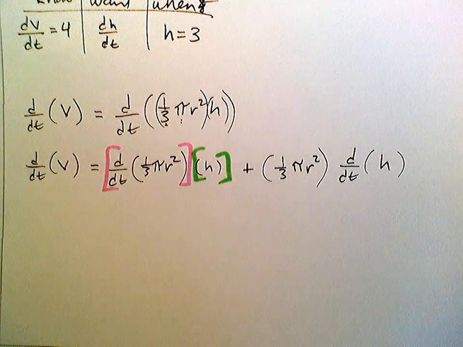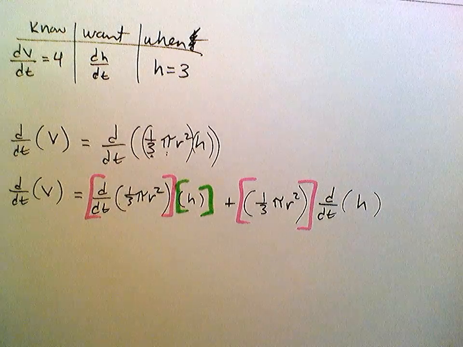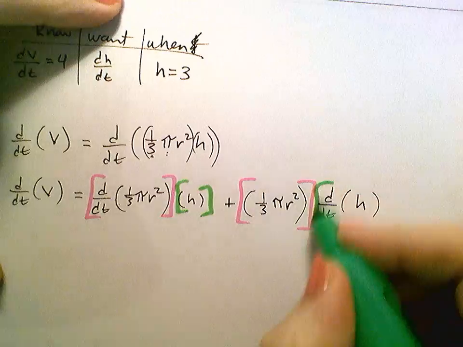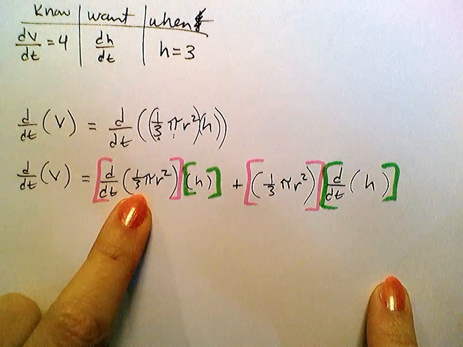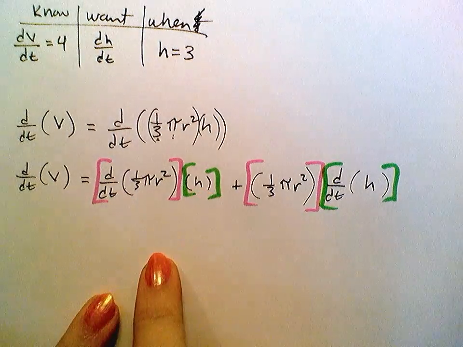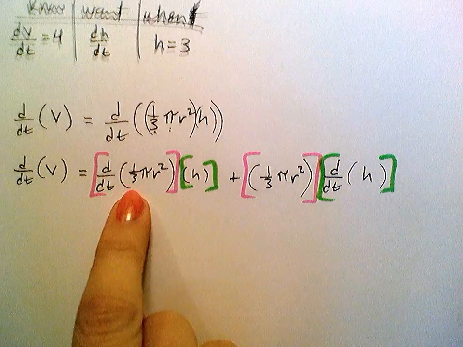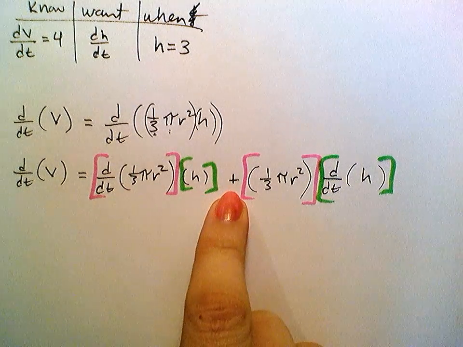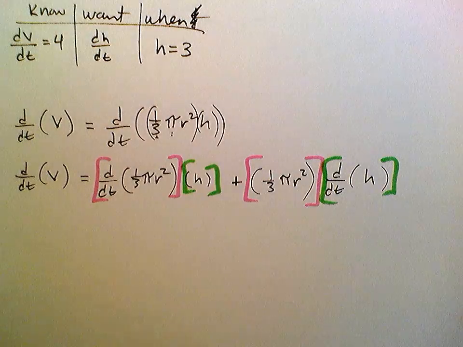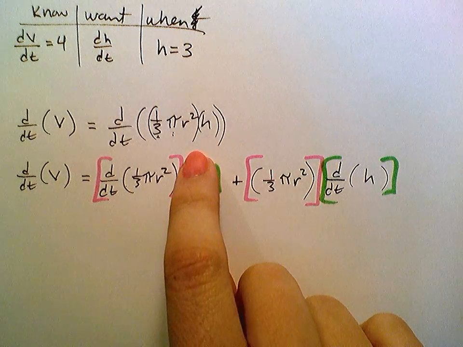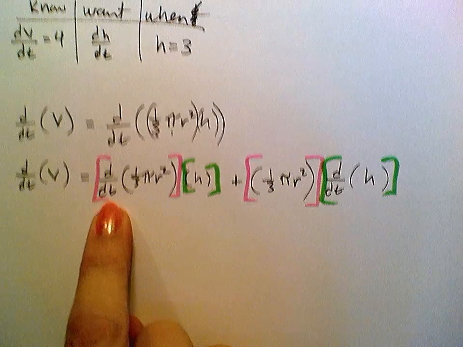I don't know that the colors are even helping, but oh well. We used to say bracket prime, bracket plus bracket prime. That's the product rule. But instead of having the derivative notation outside with the prime, I just put it inside as d/dt.